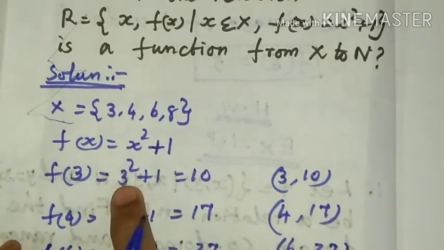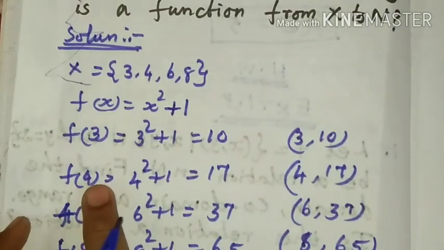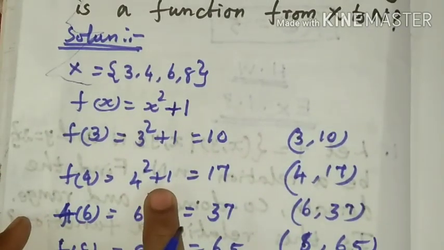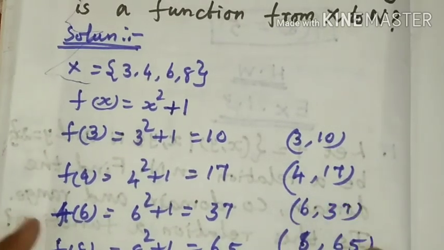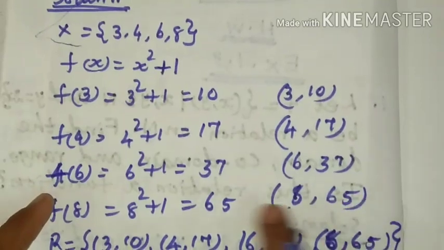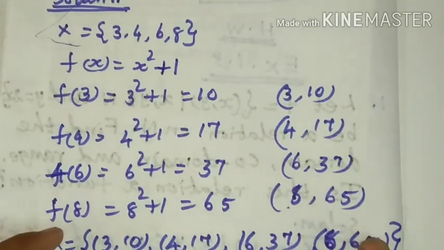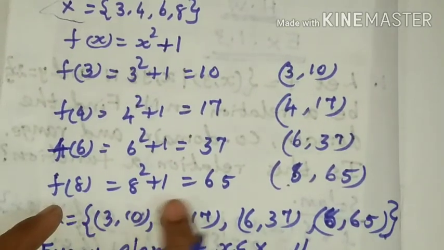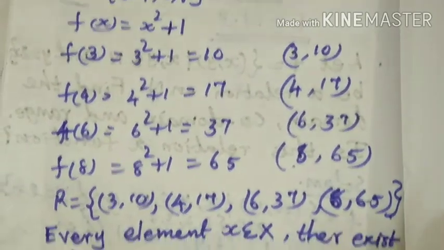Instead of x you apply 3 and simplify. Then f of 4 is equal to 4 squared plus 1 equal to 17. Then the ordered pair 4 comma 17. f of 6 equal to 37, the ordered pair 6 comma 37. f of 8 equal to 65. Then the ordered pair 8 comma 65.